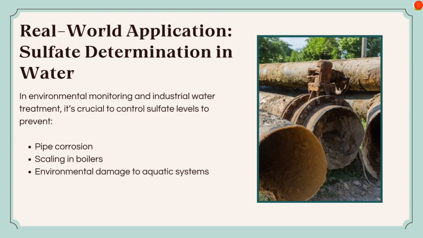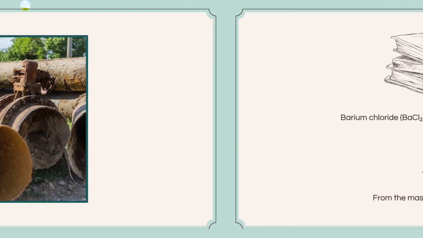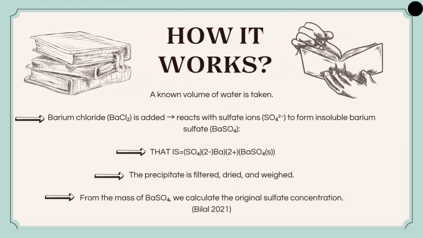Lastly, high sulfate concentration can harm aquatic ecosystems, affecting water quality and damaging marine life. That's why it's crucial to determine and control sulfate levels in water, ensuring safety and sustainability in both industrial and environmental contexts. Now let's look at how gravimetric analysis is used to test sulfate in water.